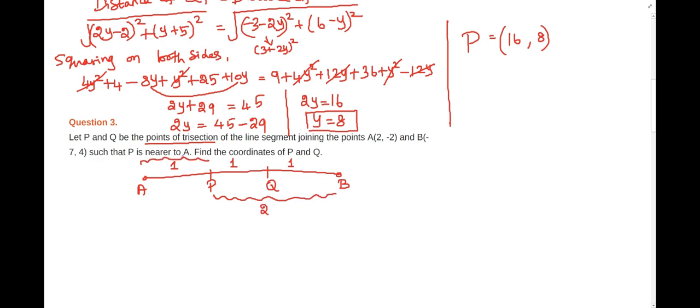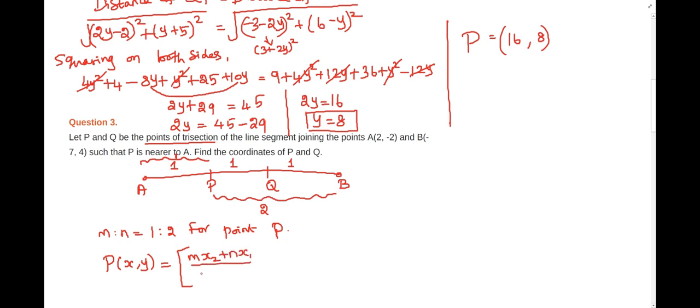The ratio m is to n is 1:2 for point P. So coordinates of P, P of x comma y, is equal to, again using the formula, (mx2 plus nx1) by (m plus n), (my2 plus ny1) by (m plus n).